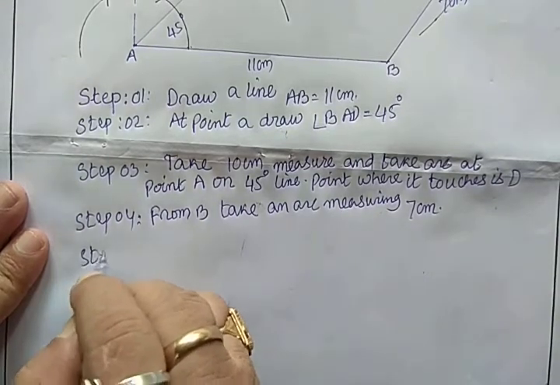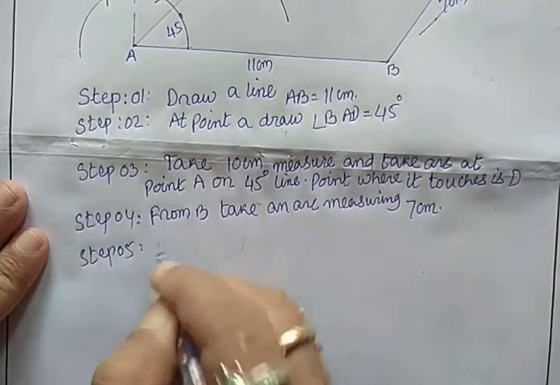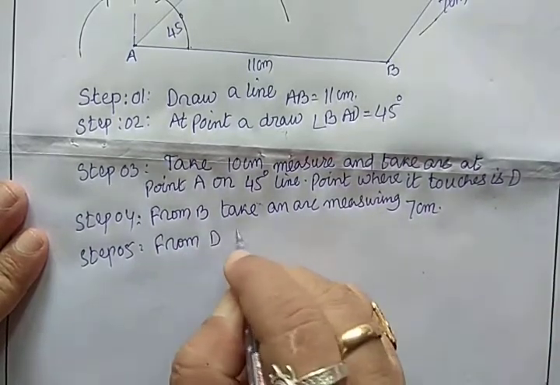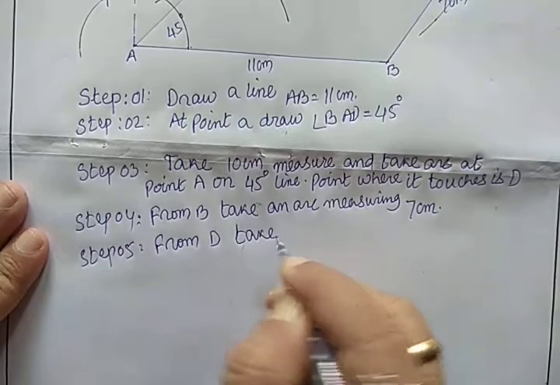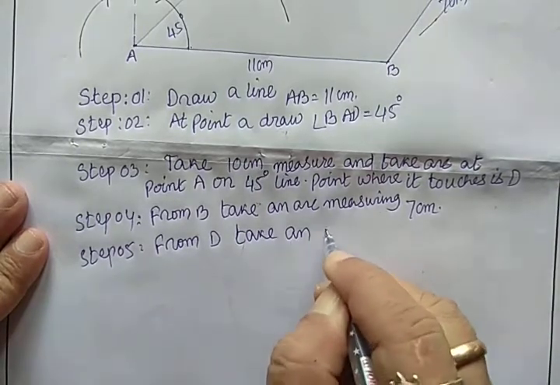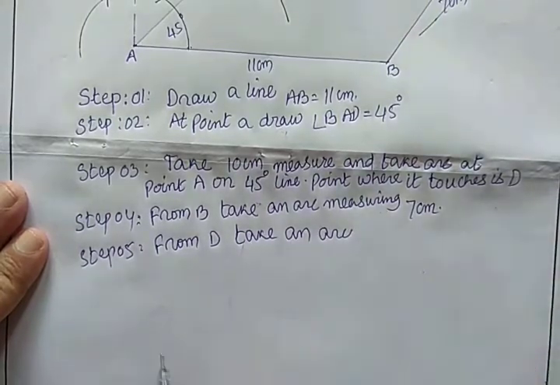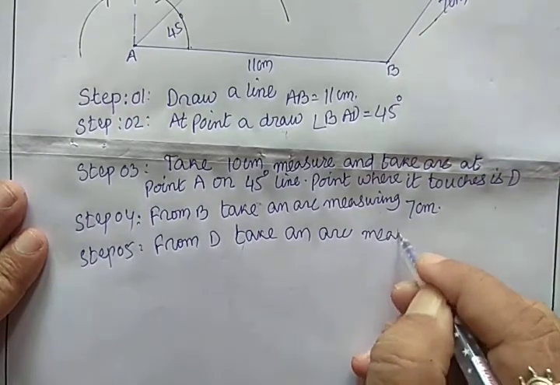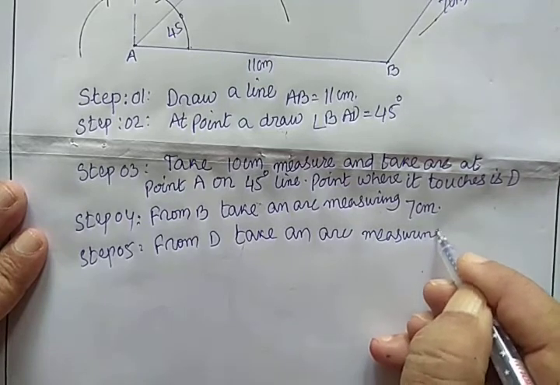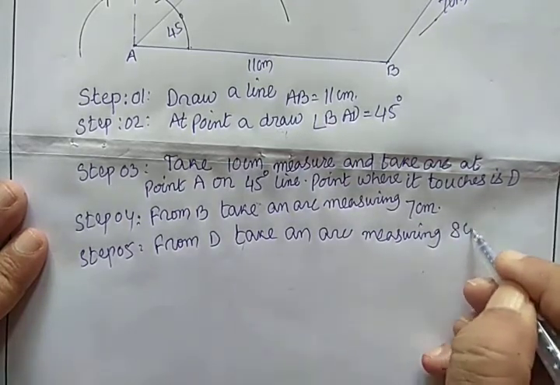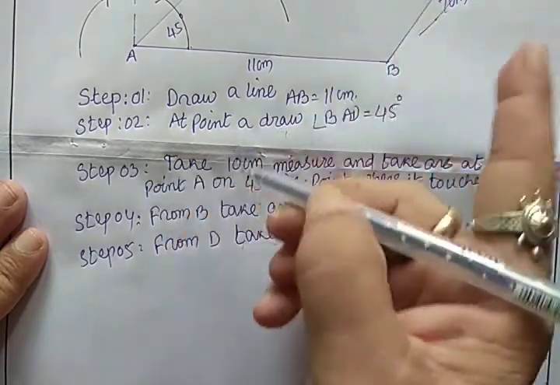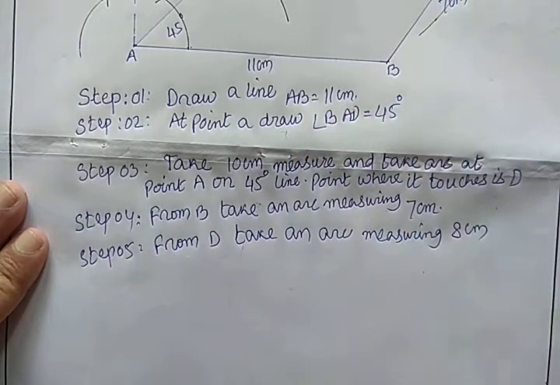Step 5. From D, take an arc measuring how much? 8 centimeters. Where these two arcs meet, that would be your point C.